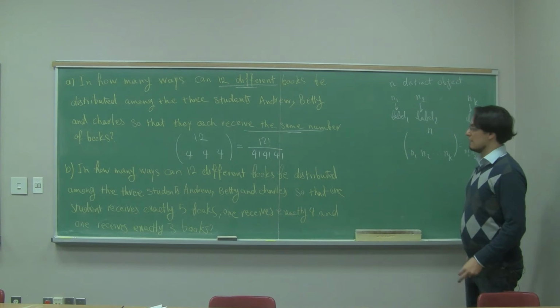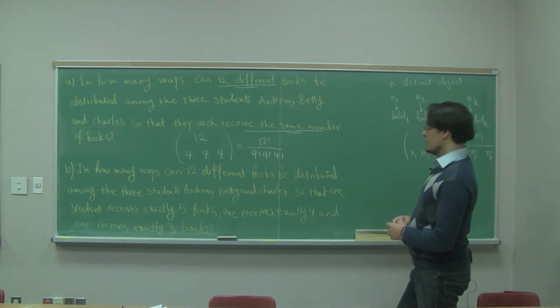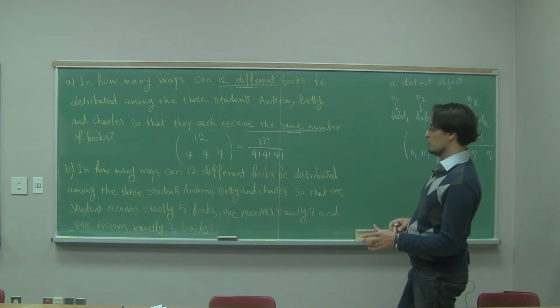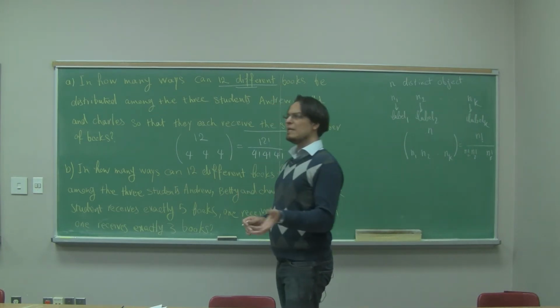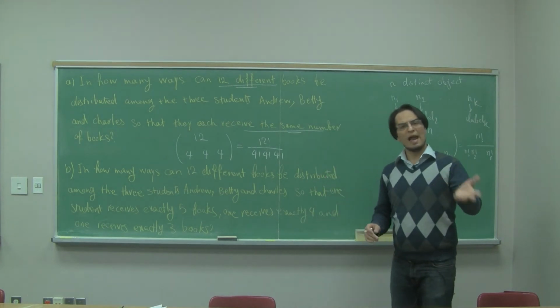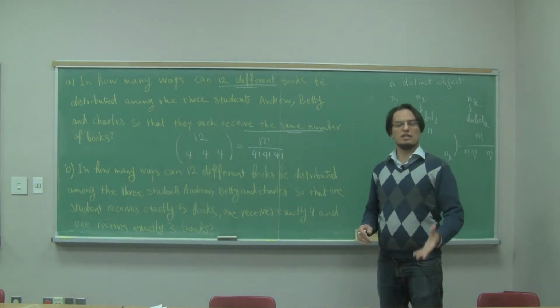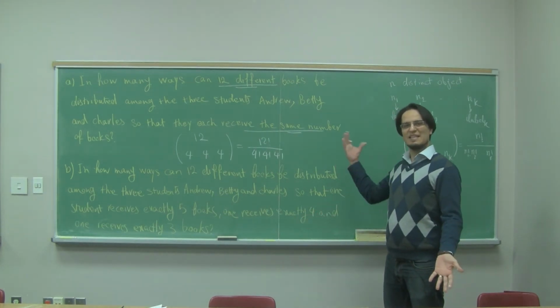Part B is a little bit different this time. Well, we know that one student would get 5, another would get 4, another would get 3. If we knew that, for example, Andrew is going to get 5, Charles is going to get 4, and Betty 3, then the question was exactly the same as before.